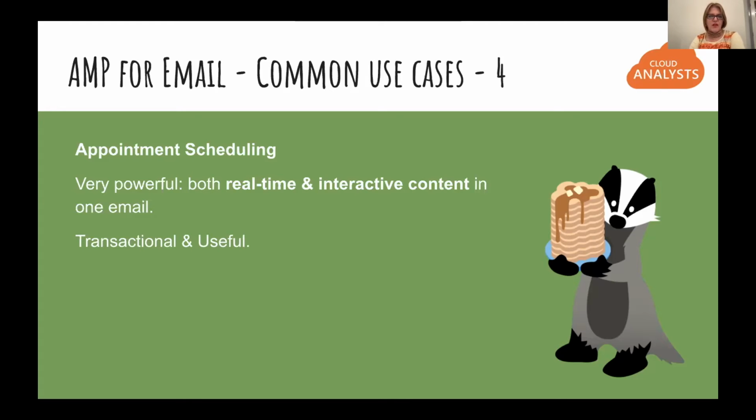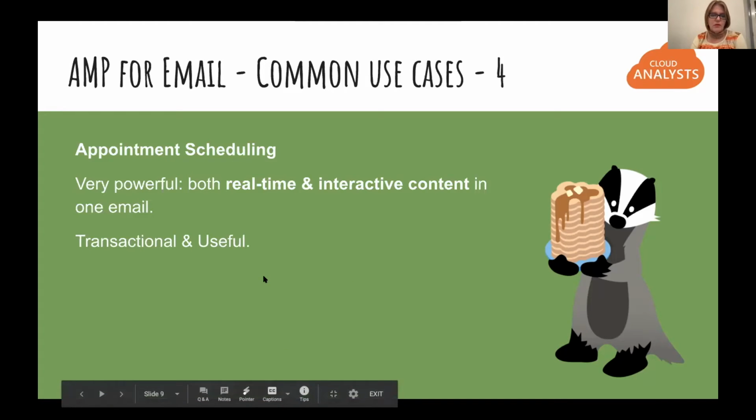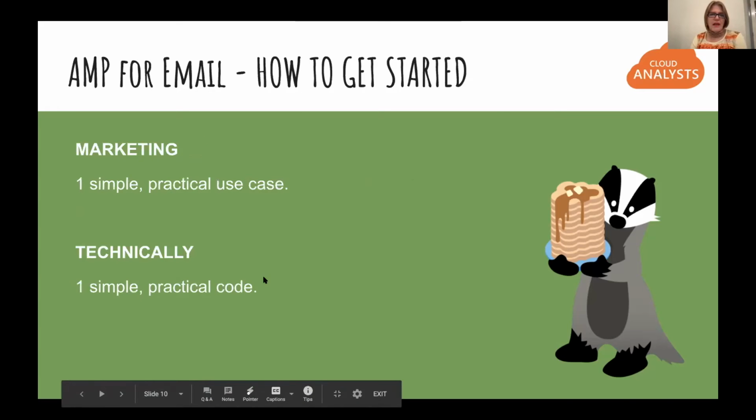So it's real-time and interactive, all in one email. It's super powerful. Obviously, this is the pinnacle of complication tech-wise. However, once you've got it figured out, it's both transactional and very useful. Very important.